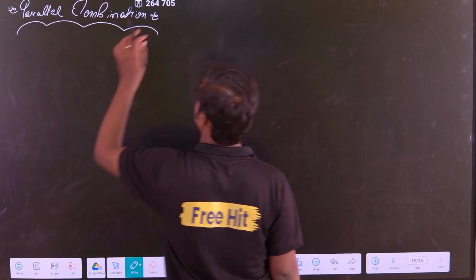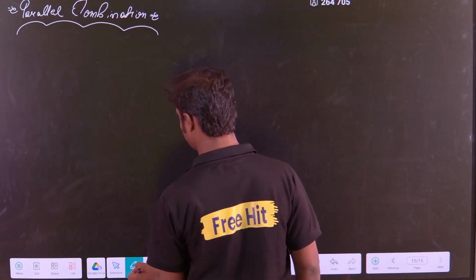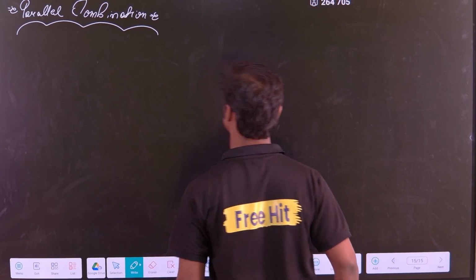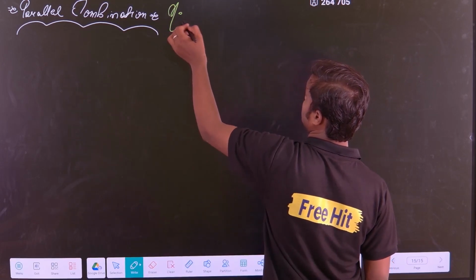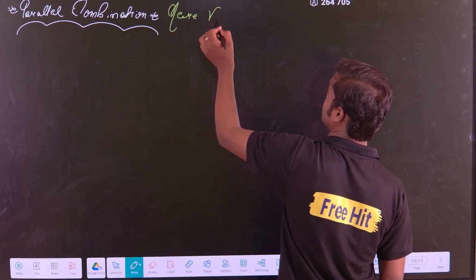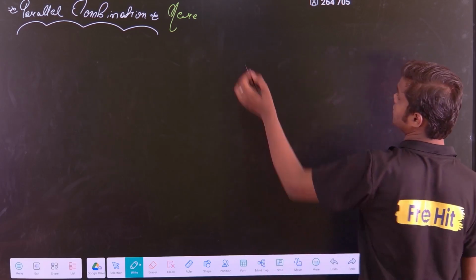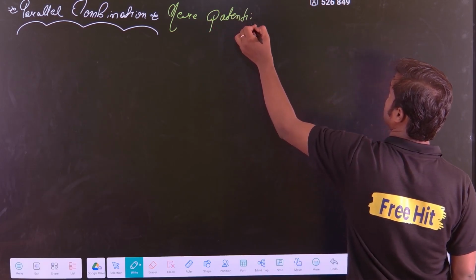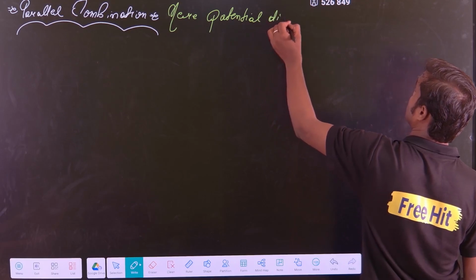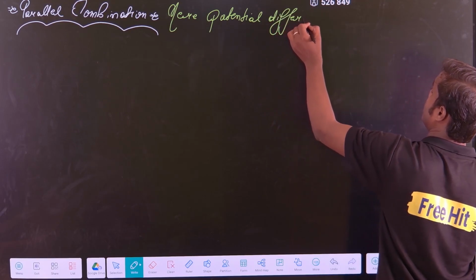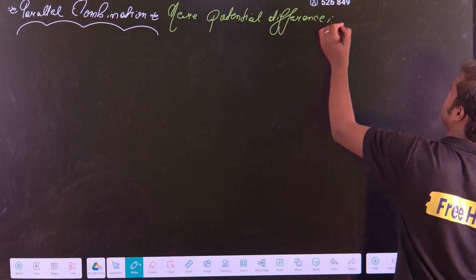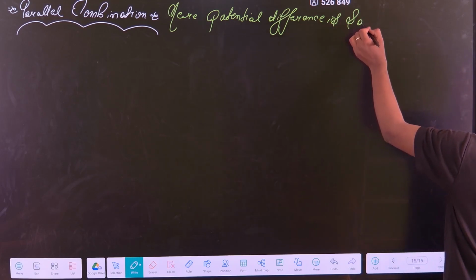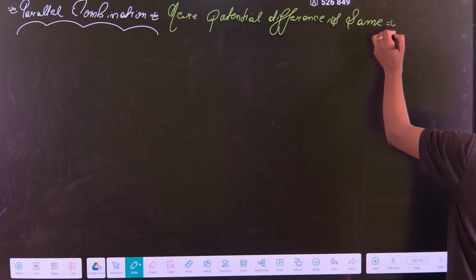Okay, let's talk about it. In this case, can I ask you what is going to be the same here? Always V, the potential difference is the same in a parallel combination. Any doubt here?